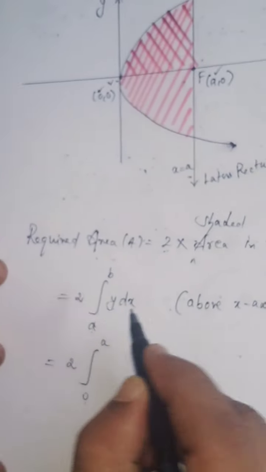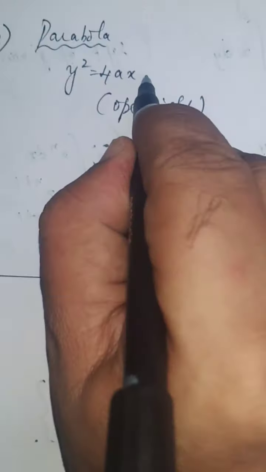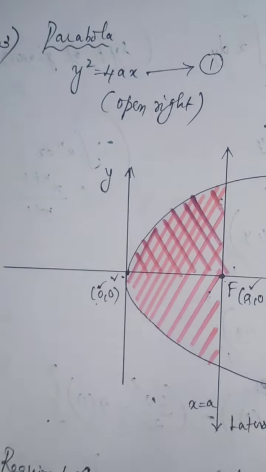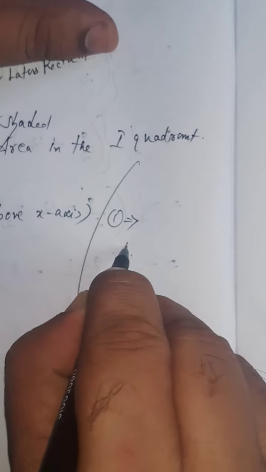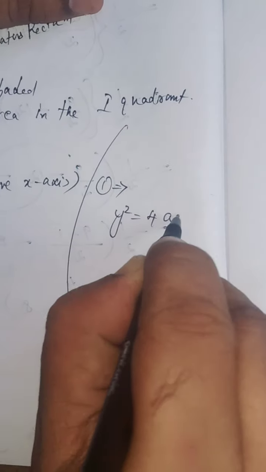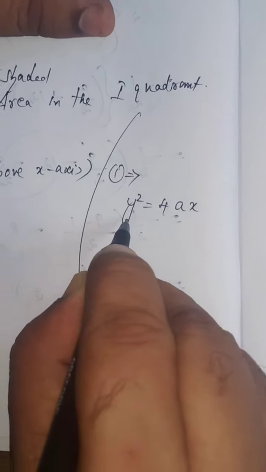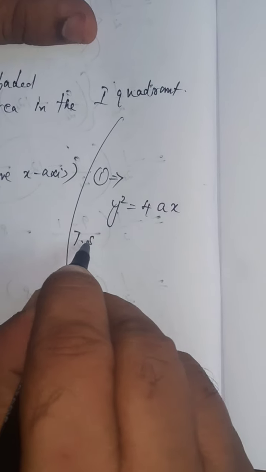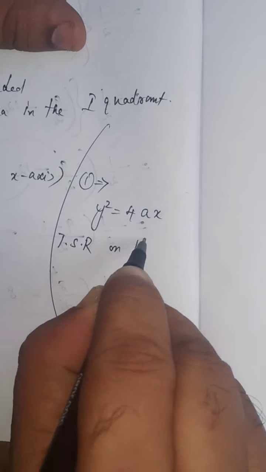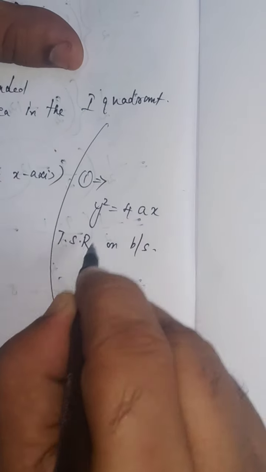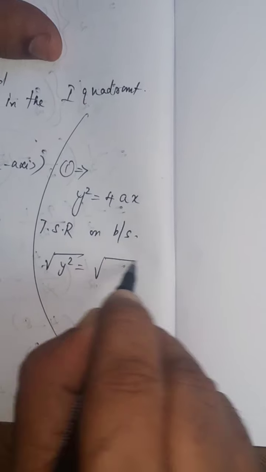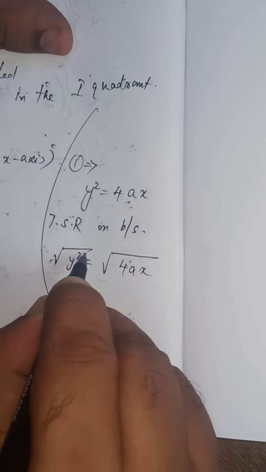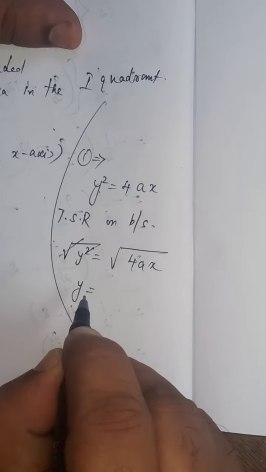Y has to be found from equation number 1. Equation 1 implies y squared equal to 4ax. For finding y, take the square root on both sides. Y squared square root cancels, y will be there.